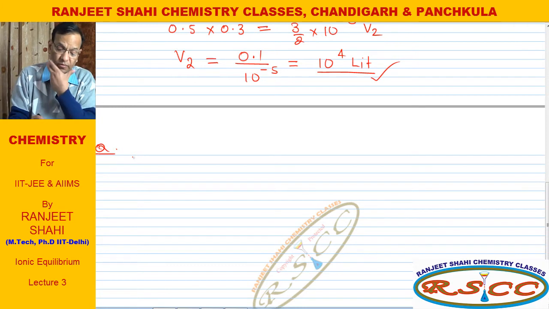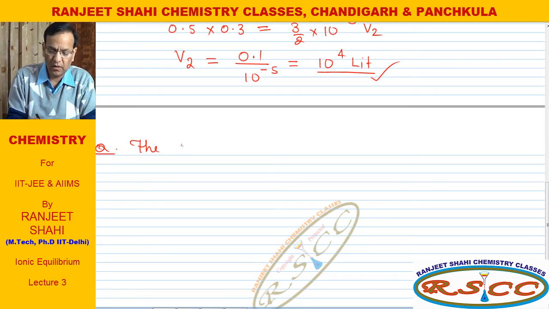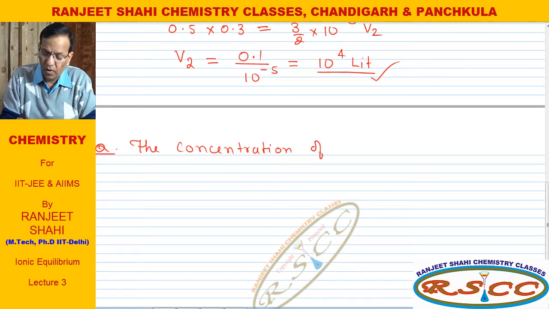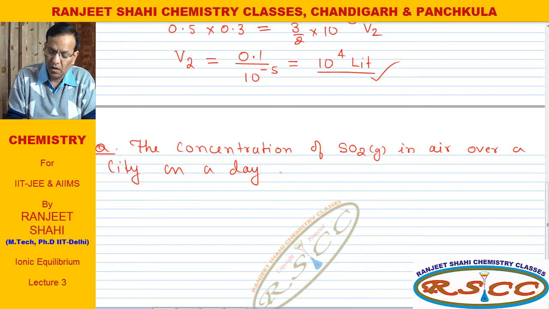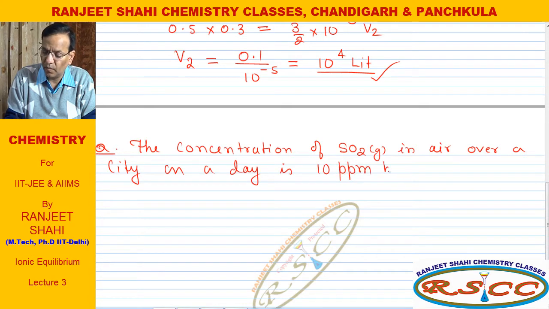It is given that the concentration of sulfur dioxide gas in air over a city on a day is 10 ppm by volume.